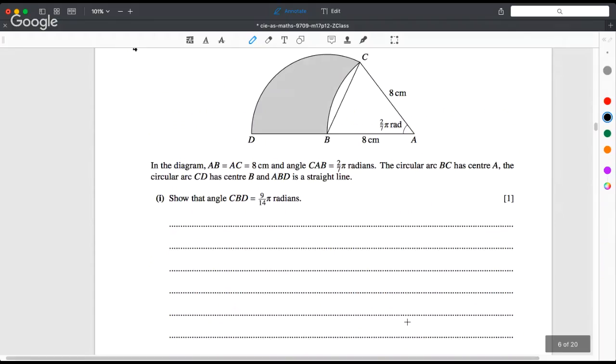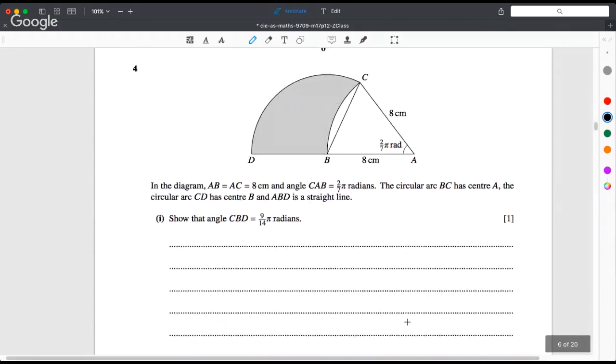Okay, question 4. So here we have some funky diagram with a triangle and some sort of arc lengths of circles and so on. And they want us to think about the angle CBD, so this angle here. And the way to do this is to think about the triangle.